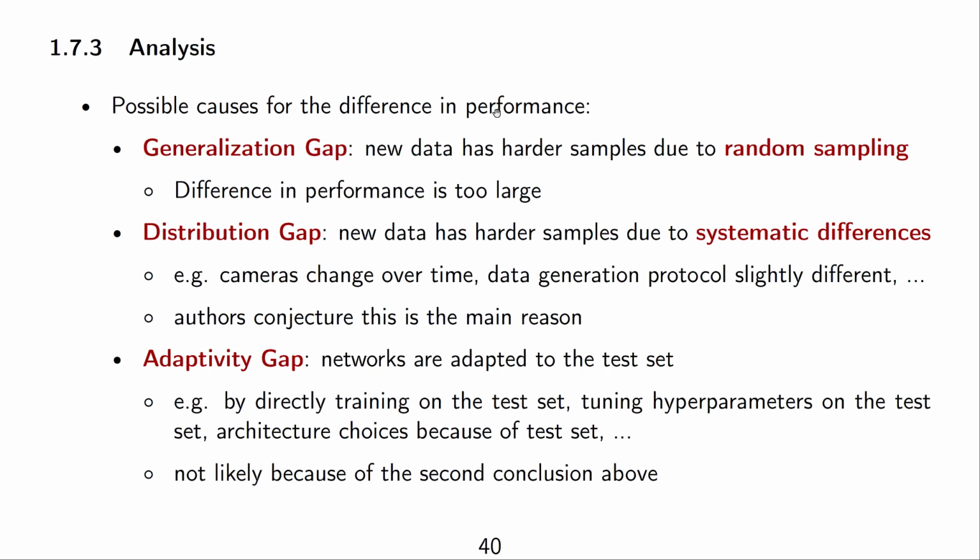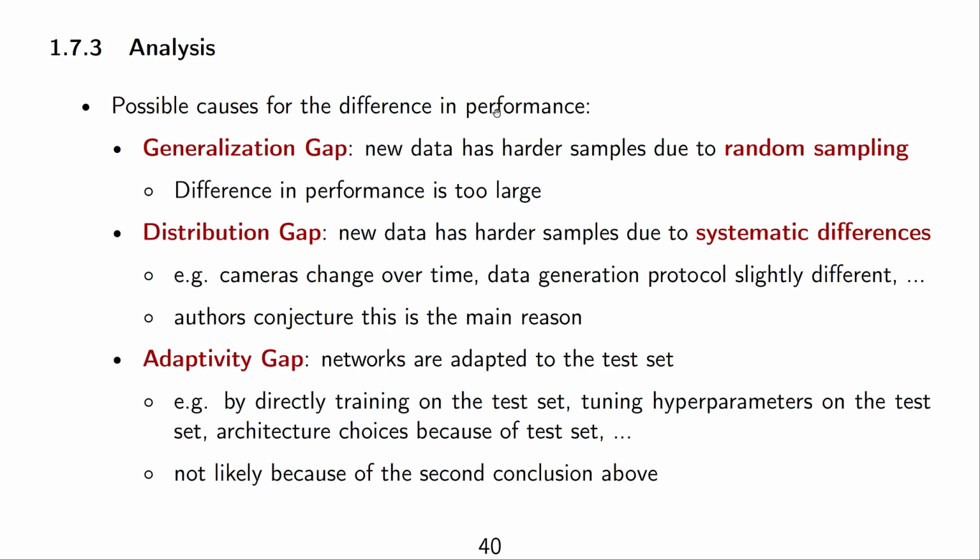The test set is sampled from this assumed population of images, and it's just some random sampling of that possibly huge, infinite population of images. Sometimes we're going to sample a harder one, and sometimes we're going to sample an easier one. So maybe with the new test set, we just randomly sampled a harder one.